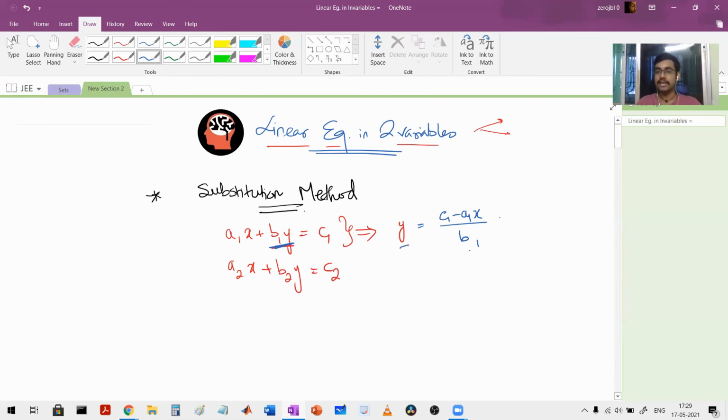Now the value of y comes in terms of the variable x. So what do we do? Substitute this value in place of y in the second equation. How will it help? Now you see this entire equation becomes one of just one variable. Are you able to see this?